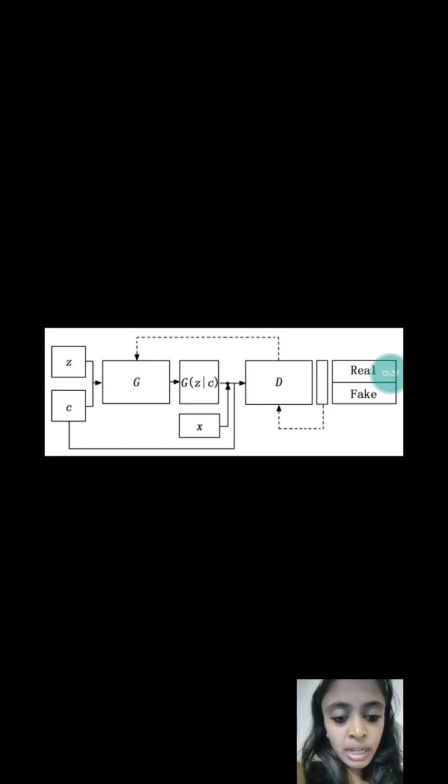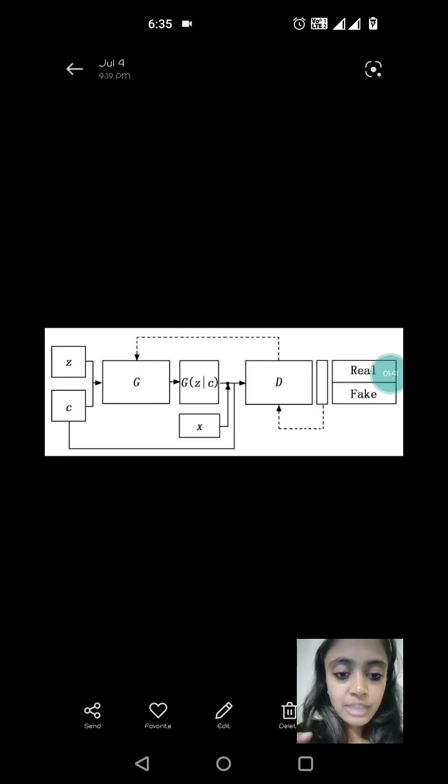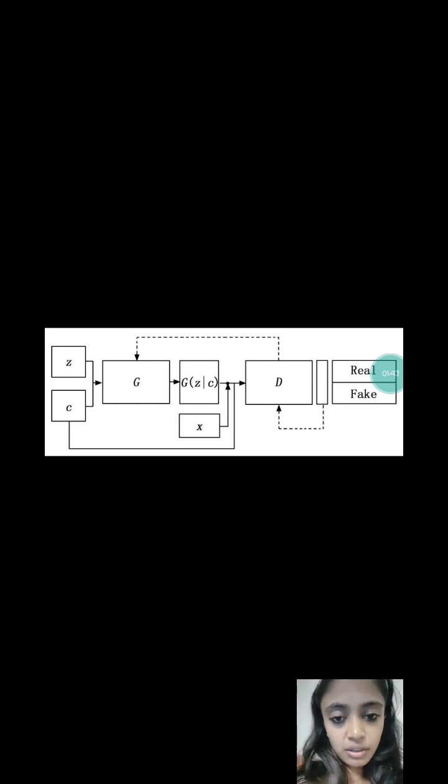So the numerical data combined with the noise data is given to the generator, and the generator will create an image which will be given as an output. That image output is given to the discriminator D, and the discriminator will find whether the image given by the generator is a real one or a fake one.